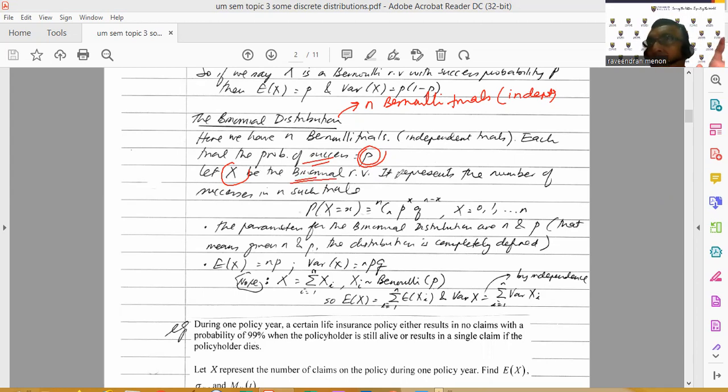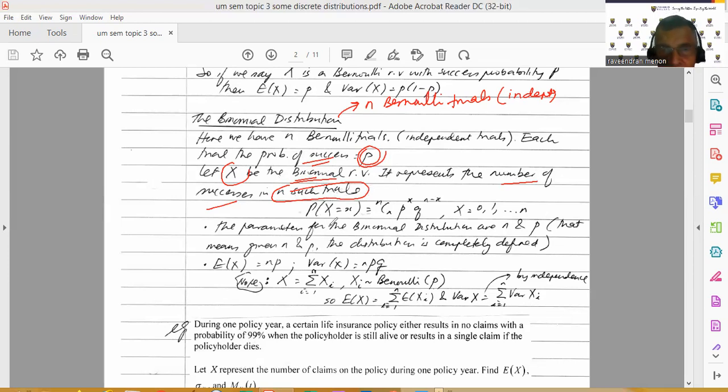Two, we are defining the probability of success as P. And if you call X the binomial random variable, what does it represent? It represents the number of successes in N such trials.